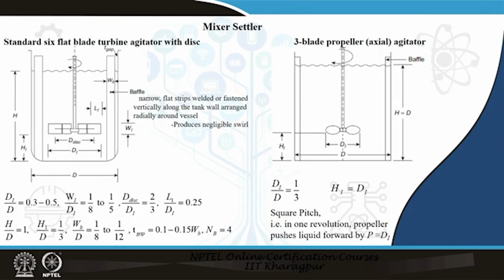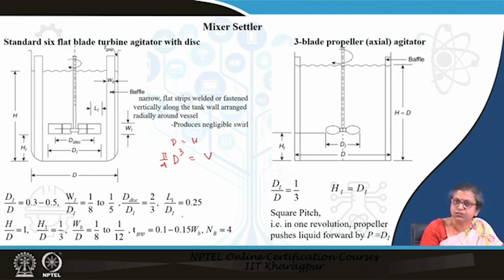Well, once the volume has been decided, we generally take D equals H, as a result of which the volume is given by pi by 4 D cubed. Once the volume is decided, we can find out the diameter of the column. Once the diameter is fixed, as you will find when we do a problem, we can find out the height of the vessel.